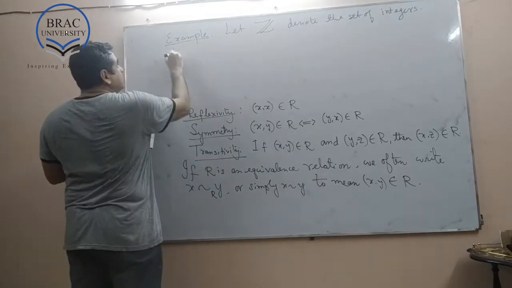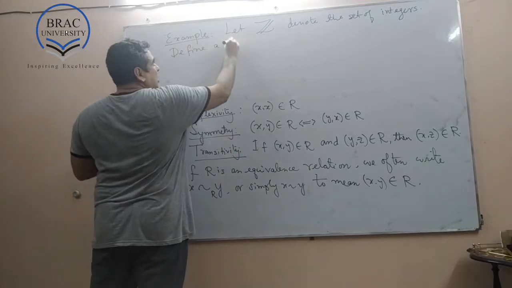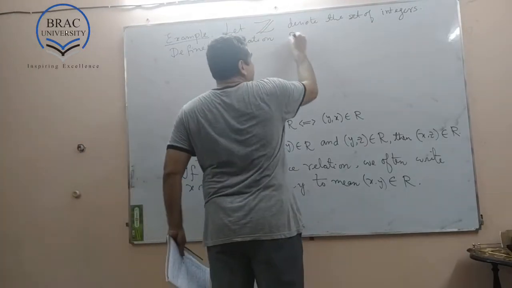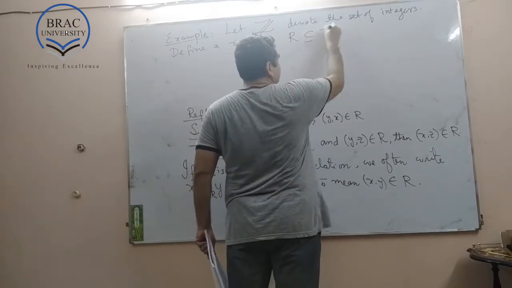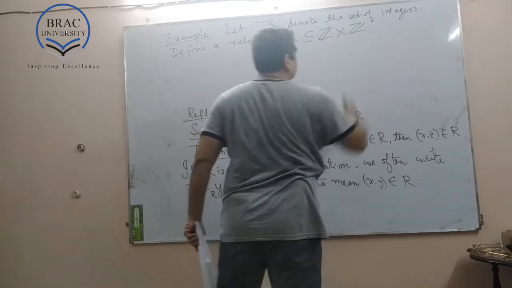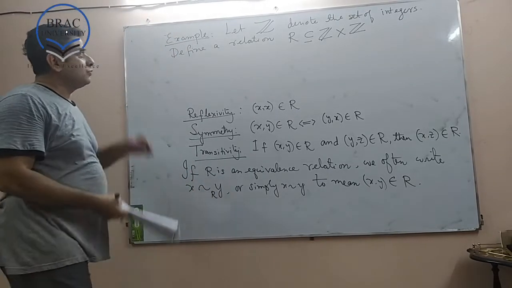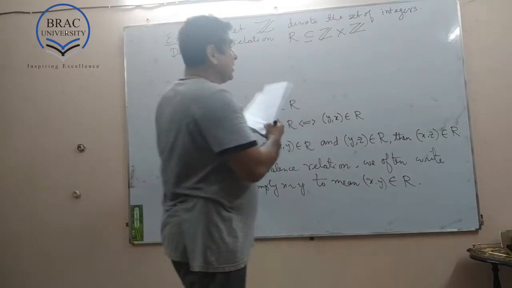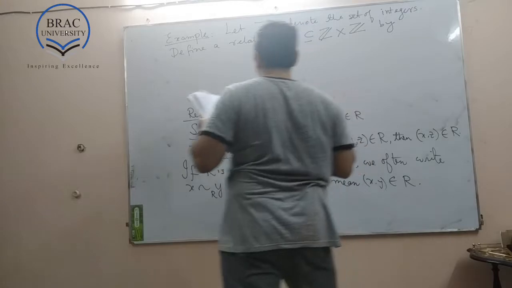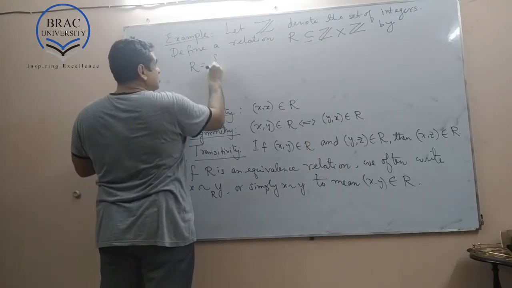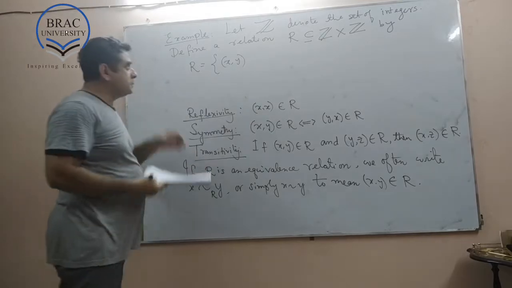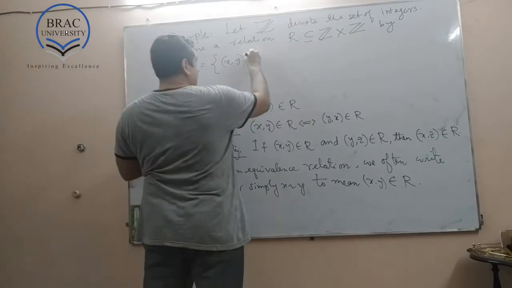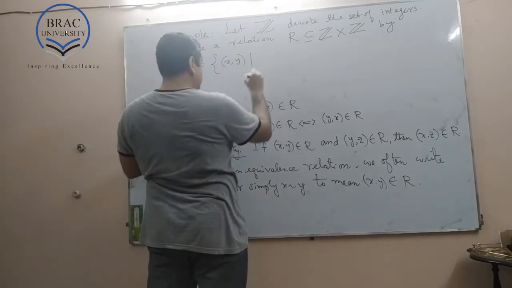Define a relation R, which is of course a subset of Z cross Z. So we'll say that R is a relation on Z. And this is defined by this subset: all the ordered pairs satisfying the following property will be in R. And what is that property?